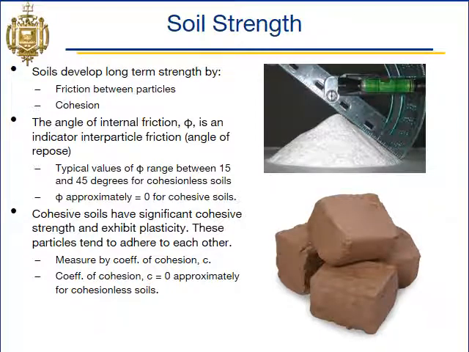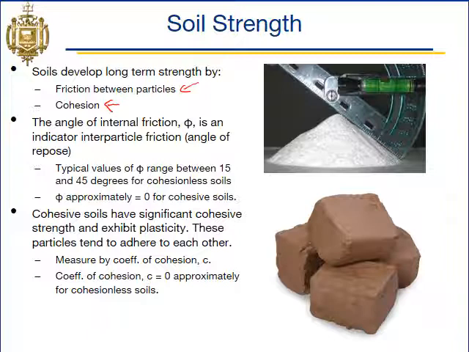Soils develop their long-term strength via two methods. In purely cohesionless soils, they develop their strength via friction between the particles, only friction between the particles. And our cohesive soils develop their strength purely through cohesion.